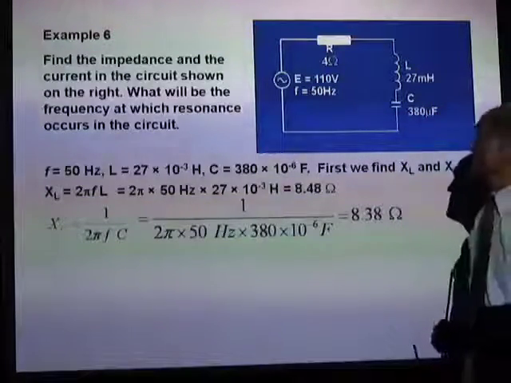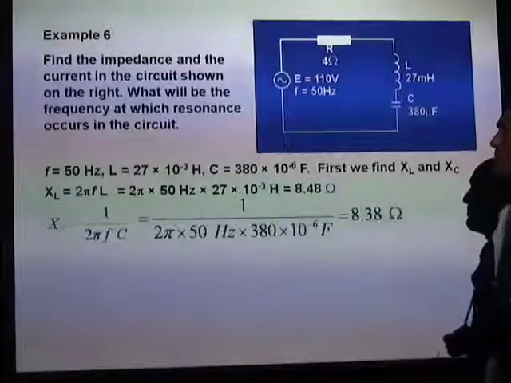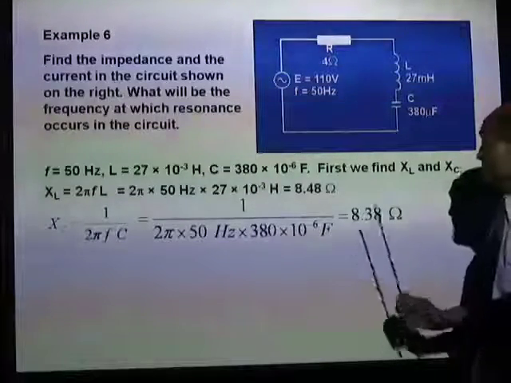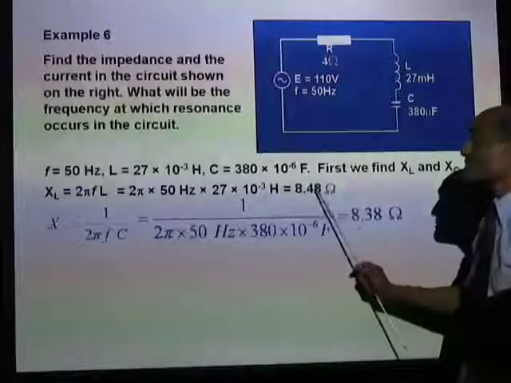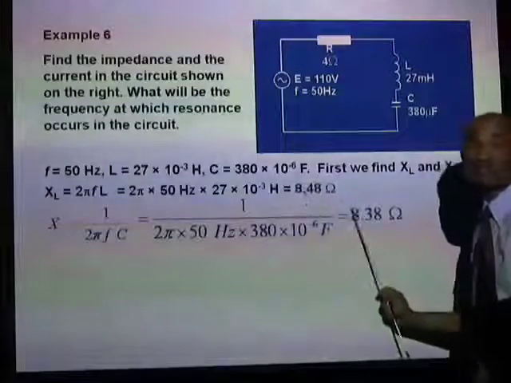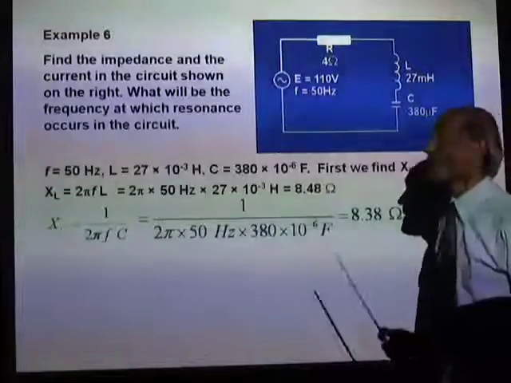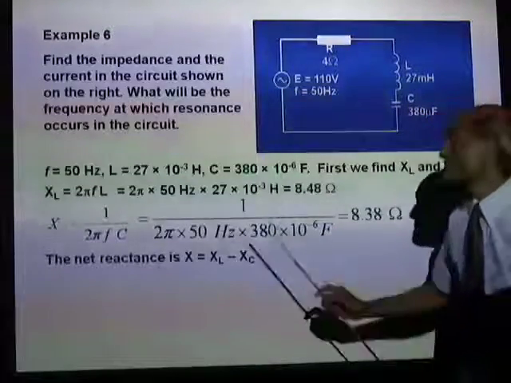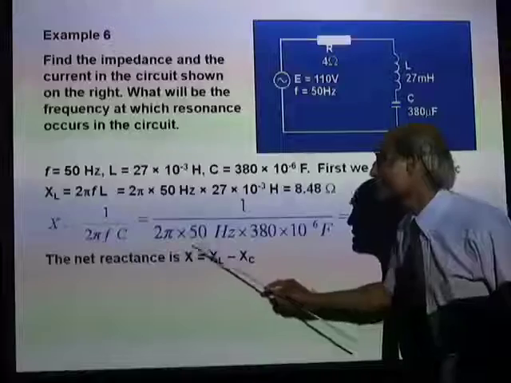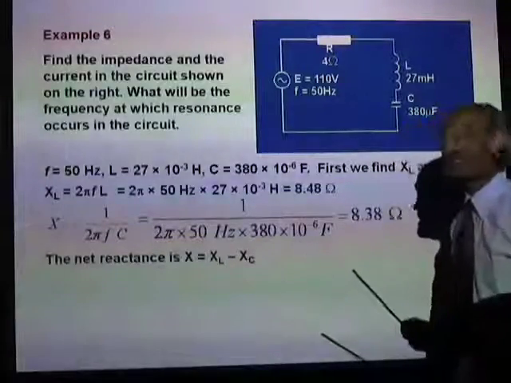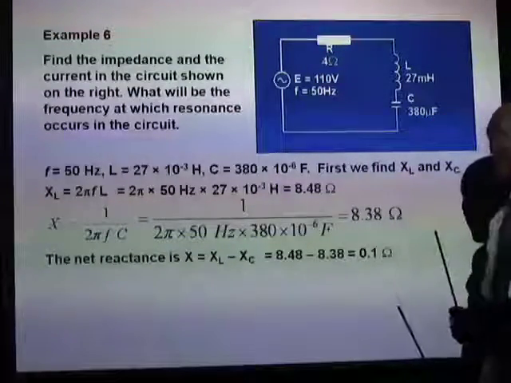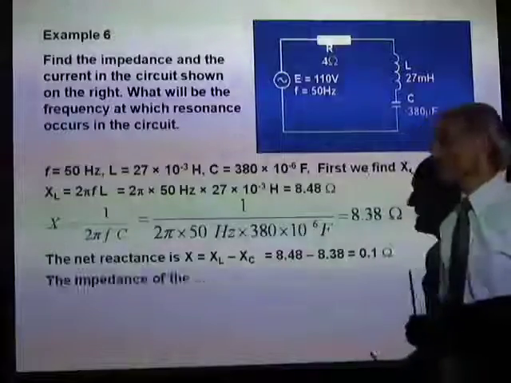That will give you 8.38 ohm. Well, it's almost a resonance circuit because the two reactances are almost equal. In other words, because they are 180 degrees out of phase, the net reactance XL minus XC is 0.1 ohm. It's a very small quantity.